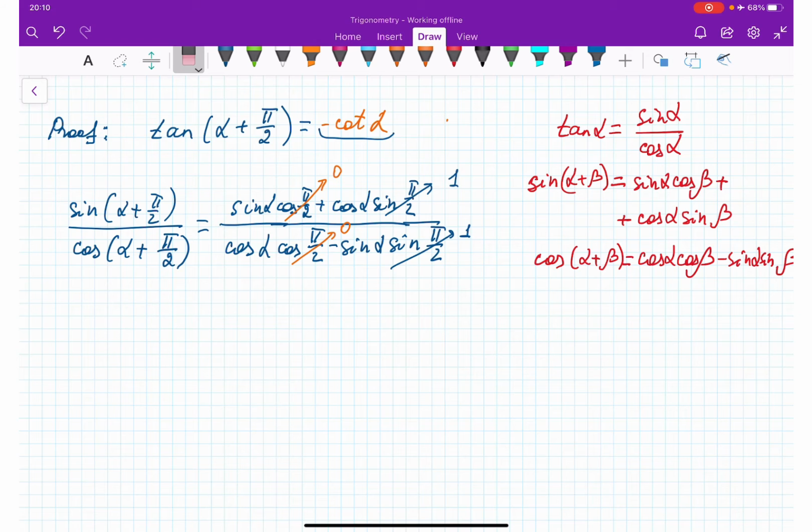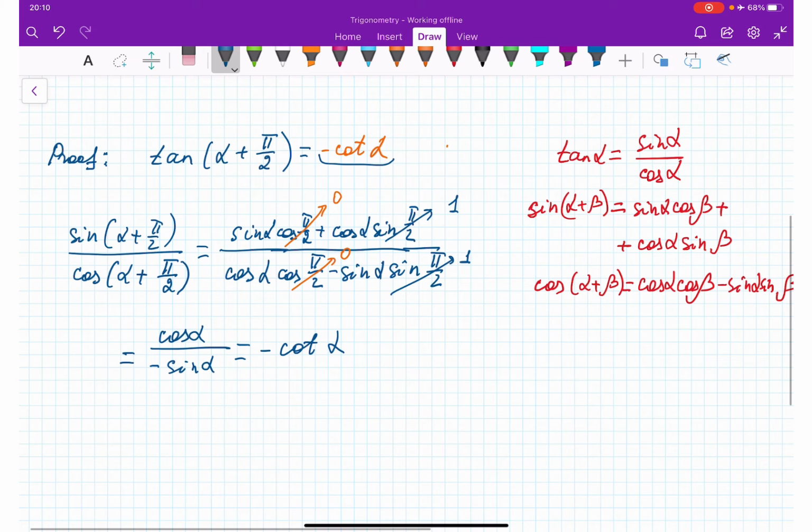So as a result, we are getting cosine alpha divided by negative sine alpha, which is equal to negative cotangent alpha, okay, which we proved. So we got negative cotangent alpha, with the changes, tangent alpha plus half a pi we brought to negative cotangent alpha. Okay, that was the first one.